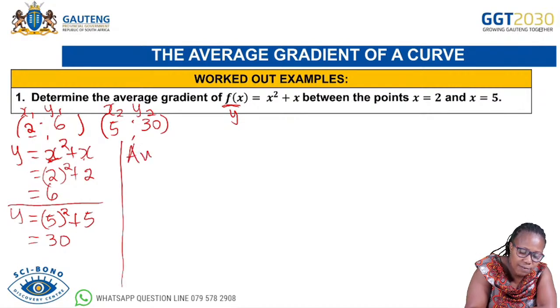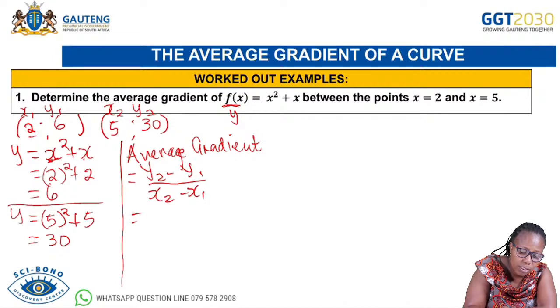So that is the average gradient. We are using the same formula, that is equal to y2 minus y1 over x2 minus x1. What is y2? 30 from there, and then the y1 is 6, and the x2 is 5, x1 is 2.